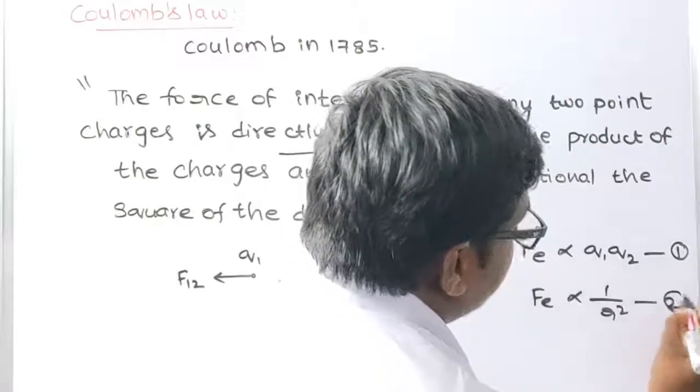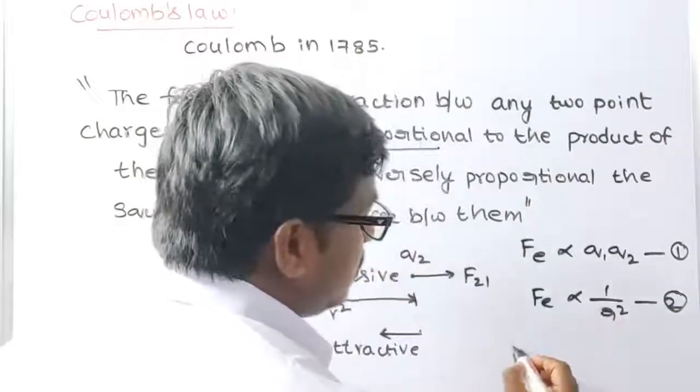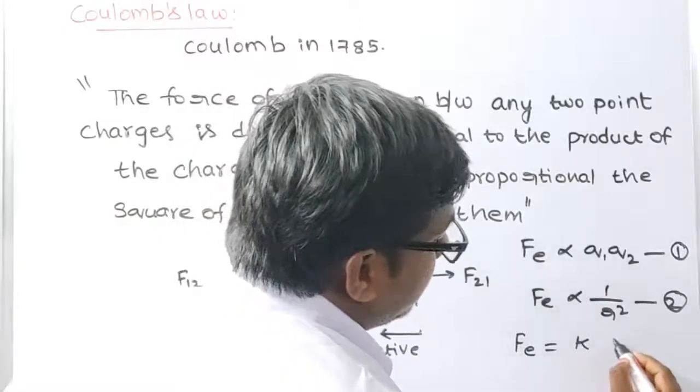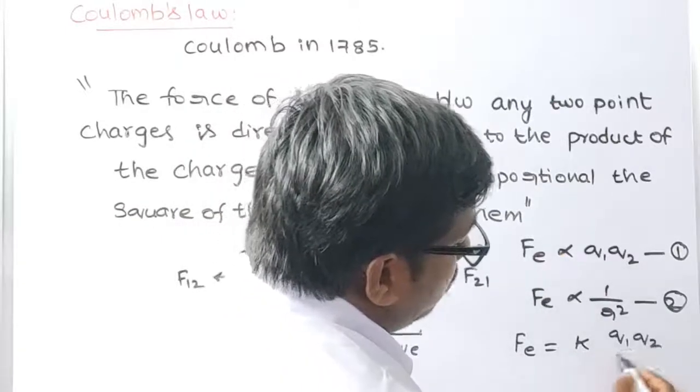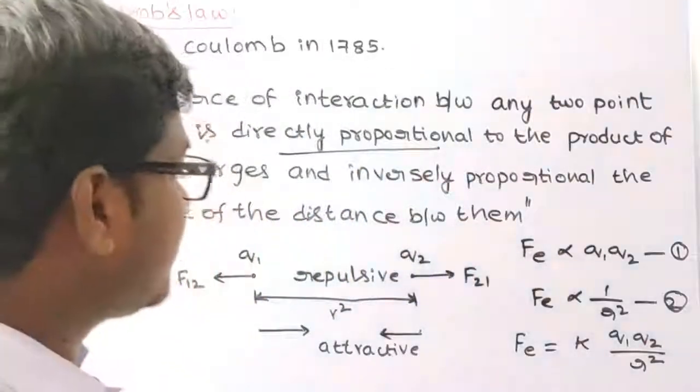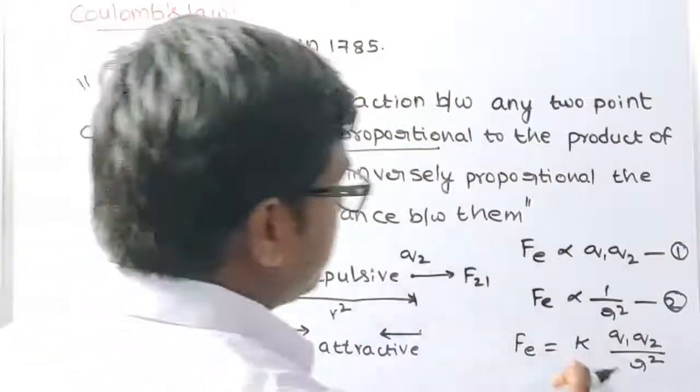This is equation number 2. From 1 and 2, Fe is equal to K into Q1 Q2 by R square. Here K is the proportionality constant.